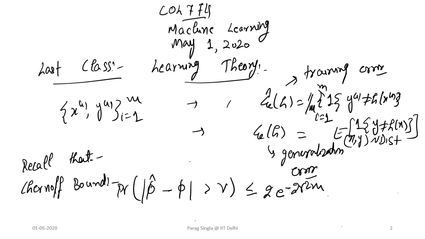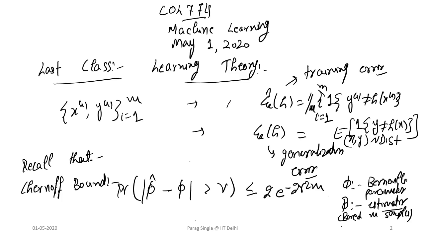This was our Chernoff bound, where phi is some Bernoulli parameter and phi hat is its estimator based on m samples of this random coin toss.